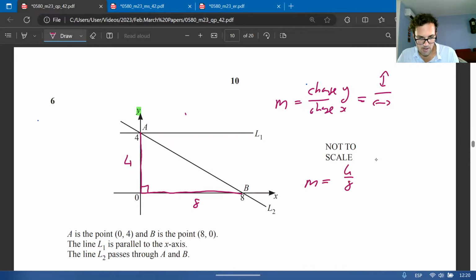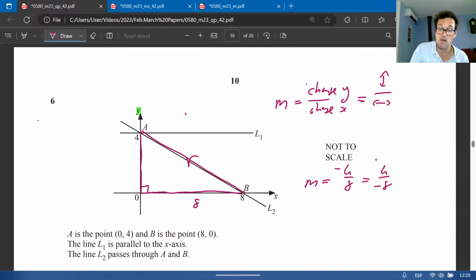If I'm moving from A to B, I'm going down, so the up and down will be minus 4. Or, if you want to move from B to A, then the left and right is minus 8. Doesn't matter where we put that minus, you just recognize that this line is negative, it's sloping down.